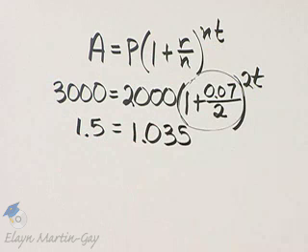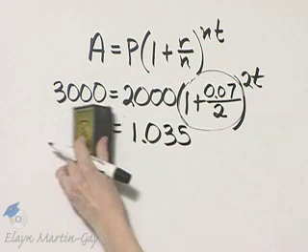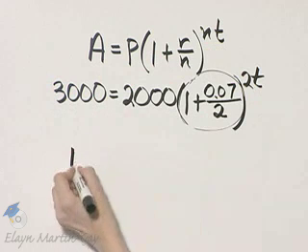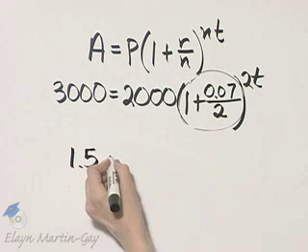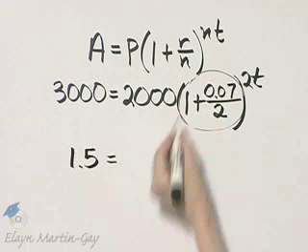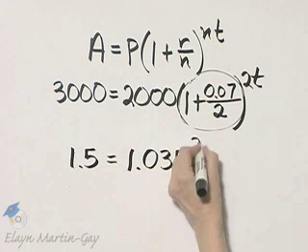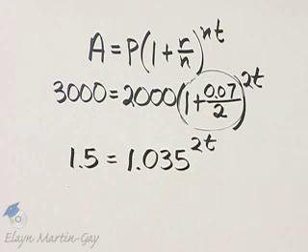Now let me write that a little bit lower so I can show you the 2t. Okay, once again, 3,000 divided by 2,000, that's 1.5. And then this simplified is 1.035. It's still raised to a power of 2t.